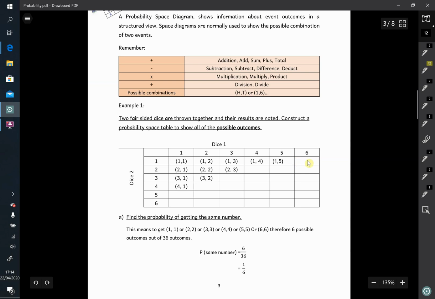And we keep on going, girls. The row of 1, the column of 6, the row of 2, the column of 3. If you know what you have to do, just do it, girls. Comma, bracket, the row of 2, the column of 5.